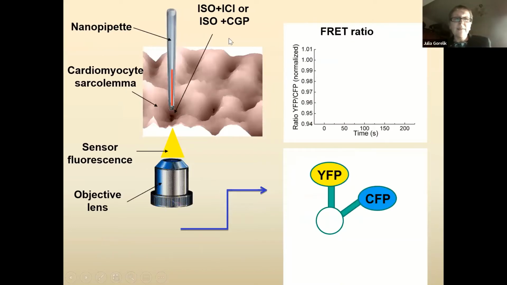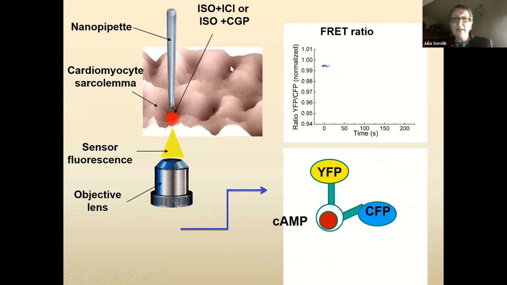We have the agonist of the beta-1 or beta-2 receptor inside the pipette, we first scan, and after that we apply pressure or voltage. Now we apply only voltage because it's more local.